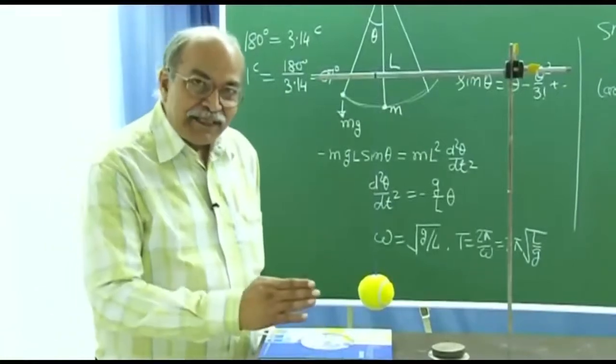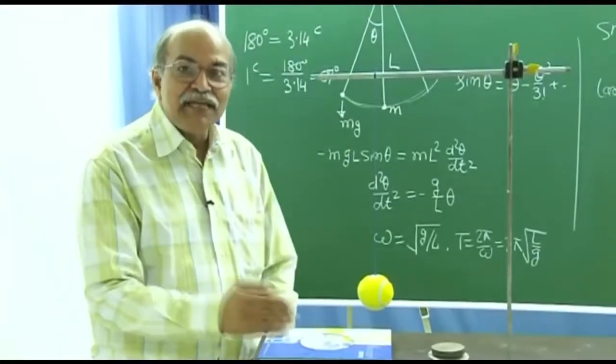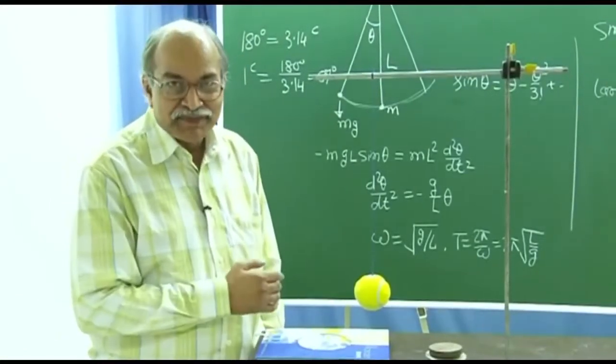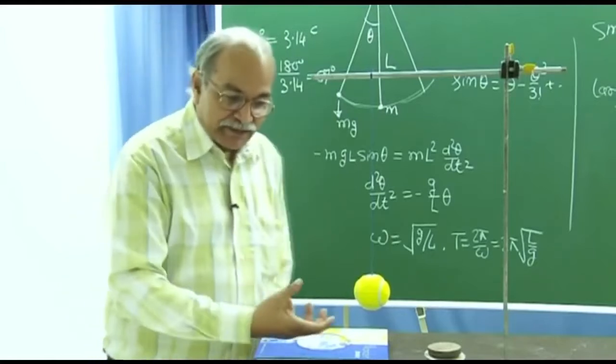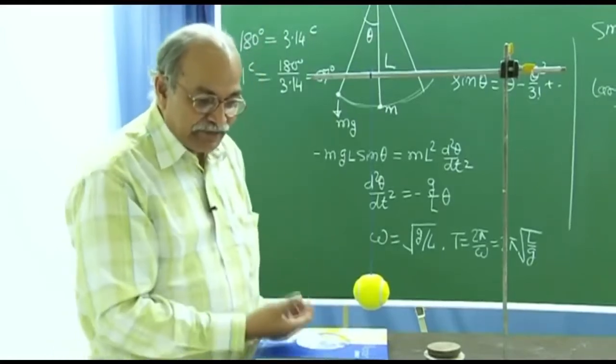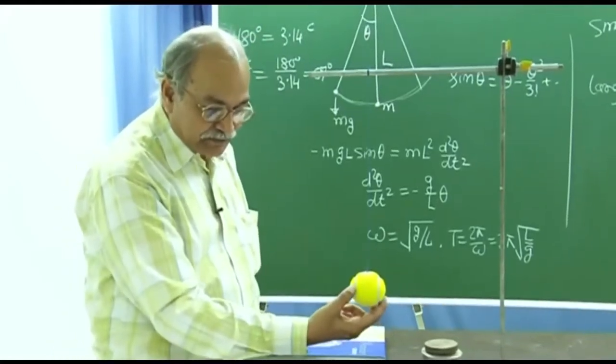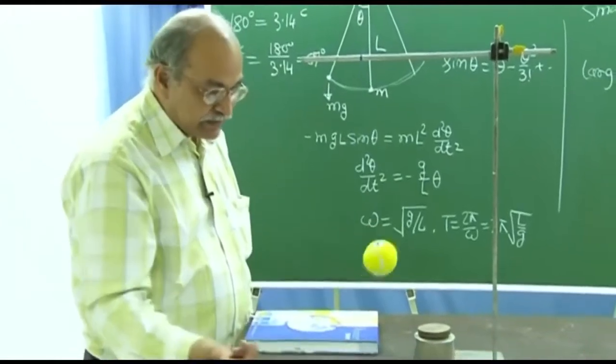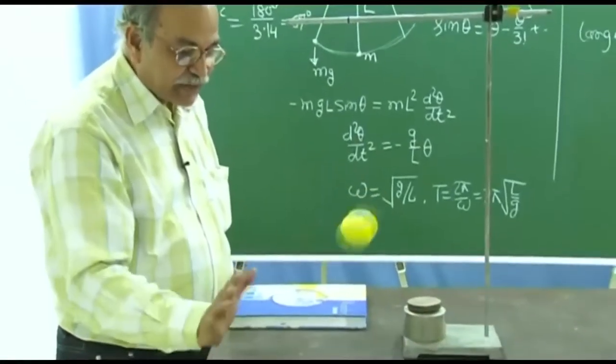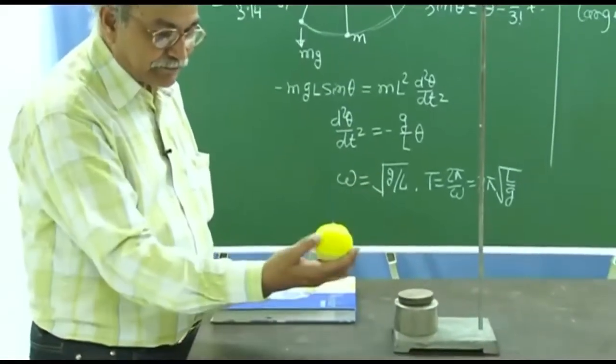Now, starting a pendulum itself is a very skillful job. If you think that I just pull it and leave it, see what happens. If I just pull it and leave it, see what kind of jerky motion it starts with.